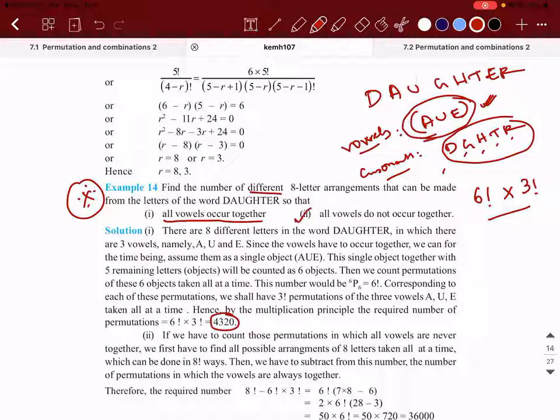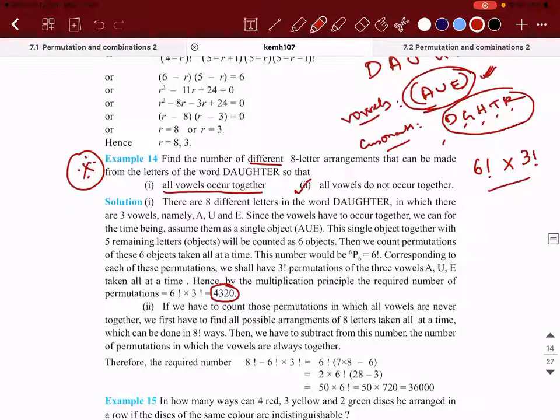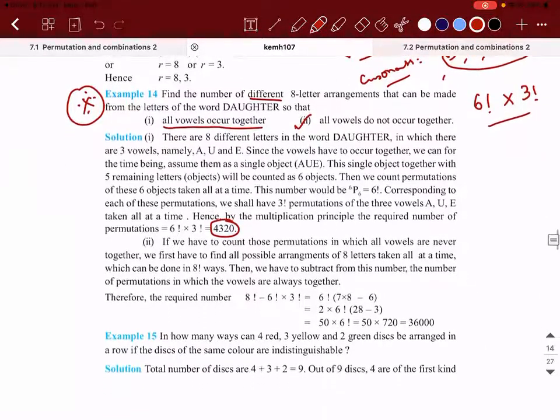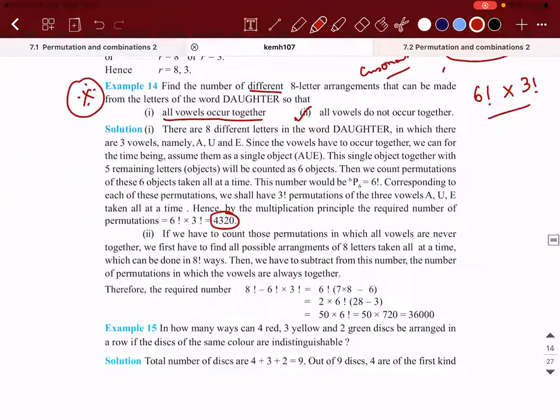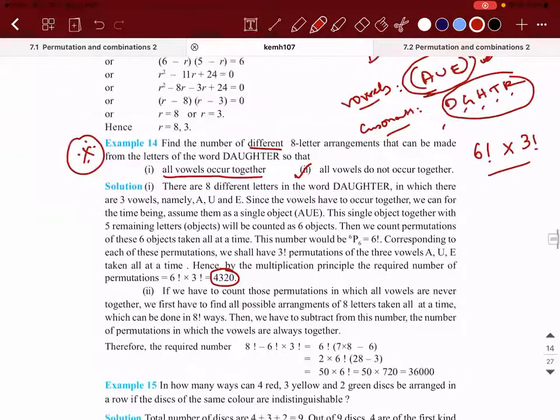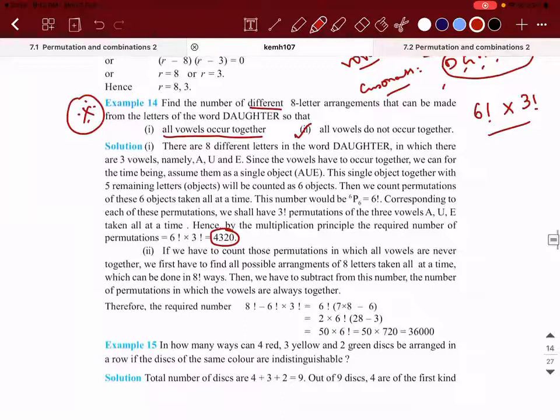Now the next one is all vowels do not occur together. So what I can do is arrange the words of DAUGHTERS among themselves in how many ways? Words of DAUGHTERS can be arranged among themselves in 8 factorial ways. Correct? I can arrange them in 8 factorial ways, minus, what should I remove?